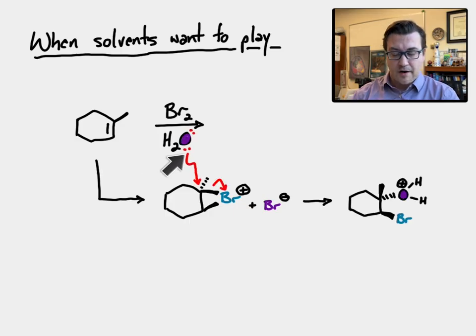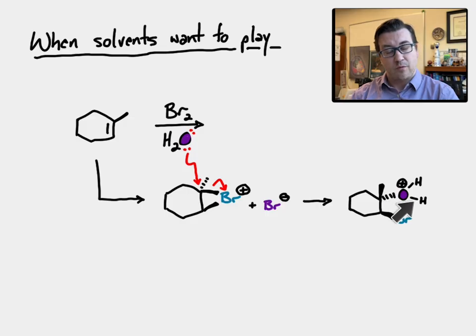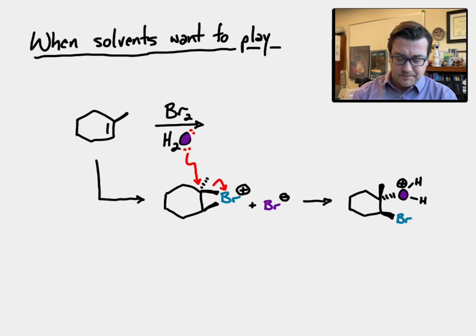In this case, water can act as a nucleophile, and it will react with the more substituted carbon atom, again because water is a weak nucleophile in this case, and it will crack open the three-membered ring to give you this protonated water and this halogen. Note, again, they are on opposite faces of this molecule. It's really important to recognize the anti relationship to each other.